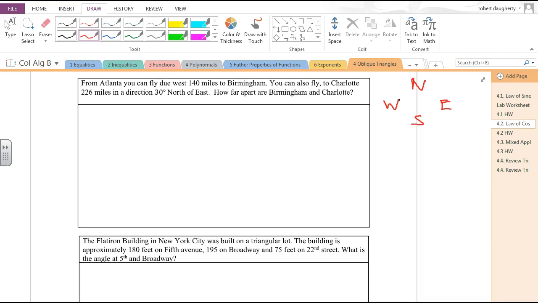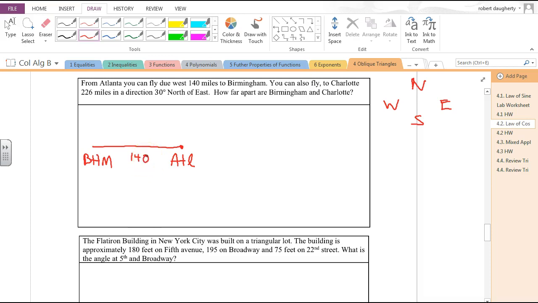From Atlanta, you can drive due west or you can fly to Birmingham. So if this is Atlanta, where is due west? This way. So it means I can go from Atlanta to Birmingham, which is 140 miles.